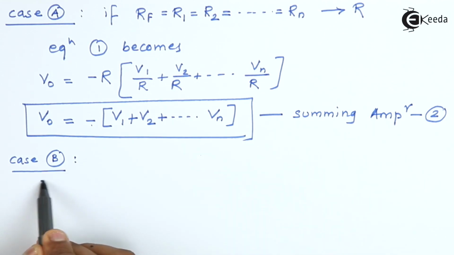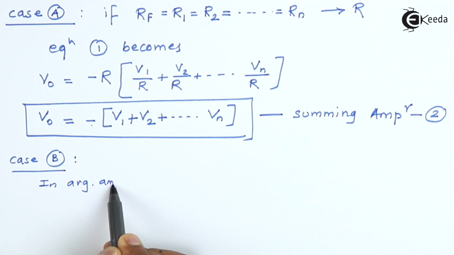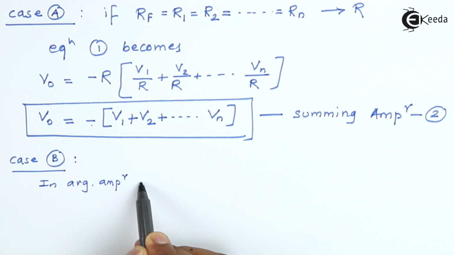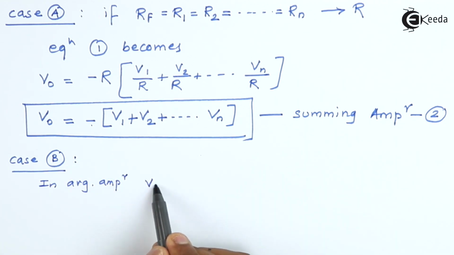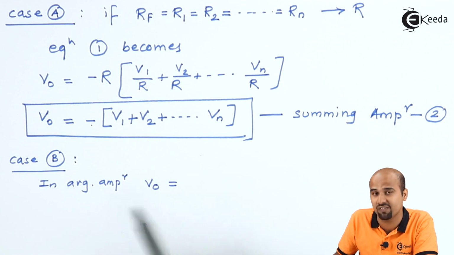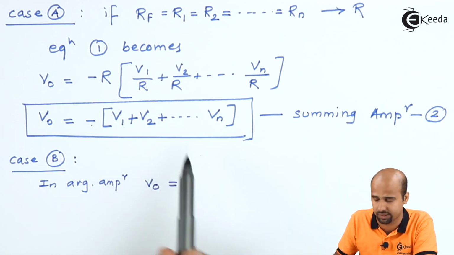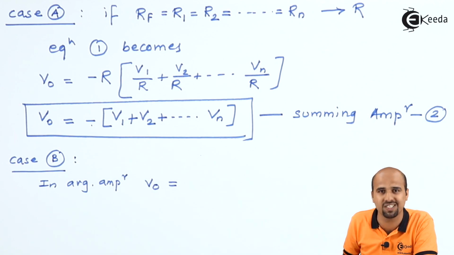Now in averaging amplifier, we want such a value of VO that VO is showing the average of all the voltages present in the circuit. So suppose 3 voltages are present, V1 plus V2 plus V3, then divide by 3 should be there.